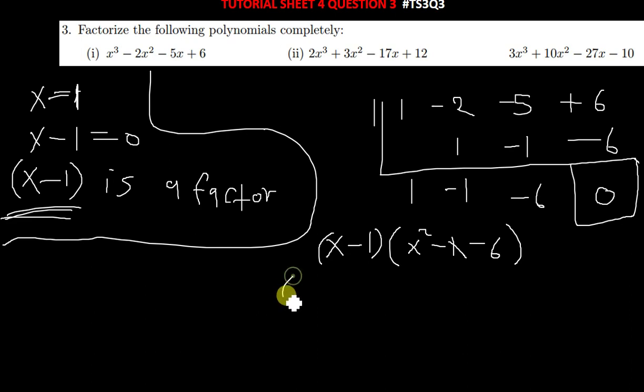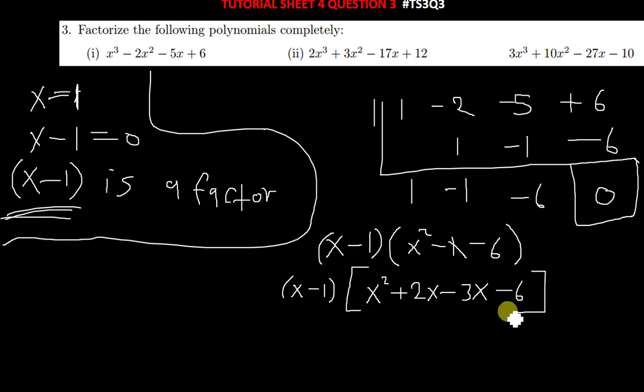So I'm going to have something like this, and then I'll open square brackets, and then I'll have x squared plus 2x minus 3x minus 6, like that.